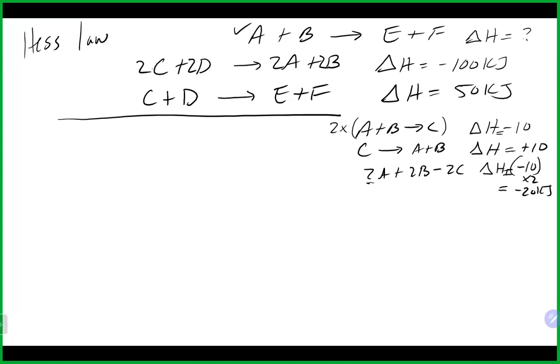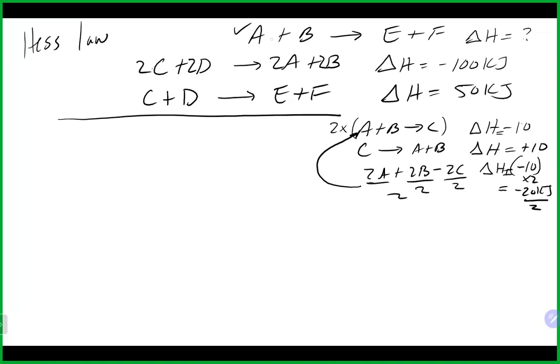If we need to divide, so let's just say we had to divide everybody here by 2, that would bring us back to the original equation. And basically we would take this and divide this guy by 2, which would get us back to our 10. So if you have to reverse one of these reactions, you change the sign of delta H. If you need to multiply a reaction by a common number, you would multiply the delta H by that number. And if you need to divide by a common number, you would divide the delta H.